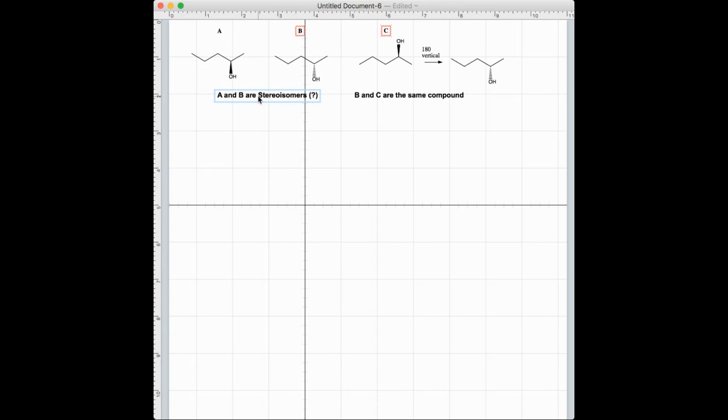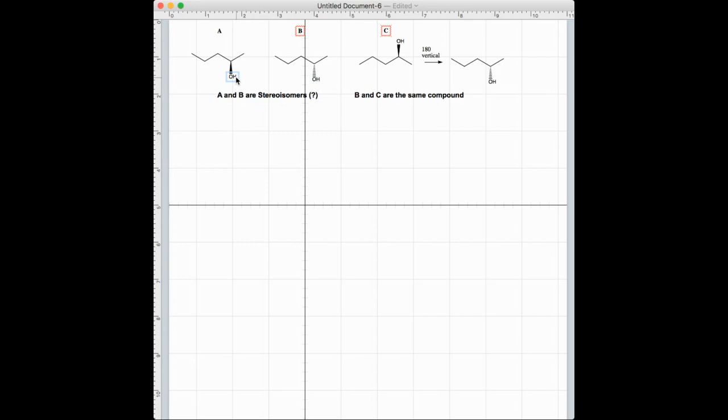But now we just said that stereoisomers can be classified in two groups: those that are a mirror image of one another, enantiomers, or those that are not a mirror image of one another, diastereomers.